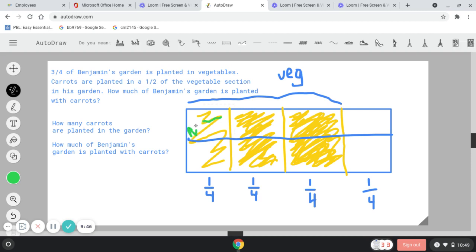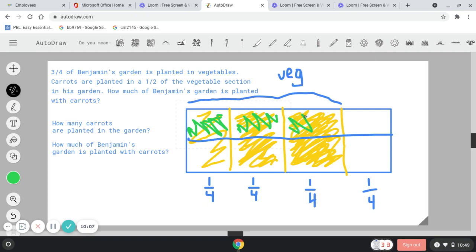Okay. So this is half of the vegetable garden, right?